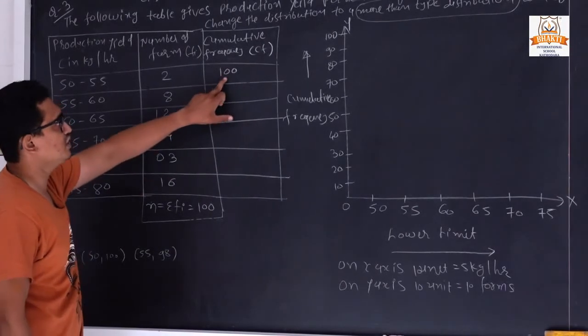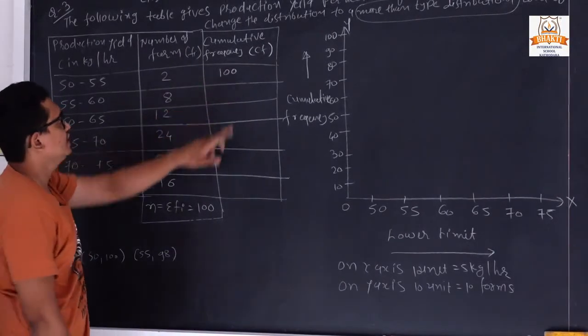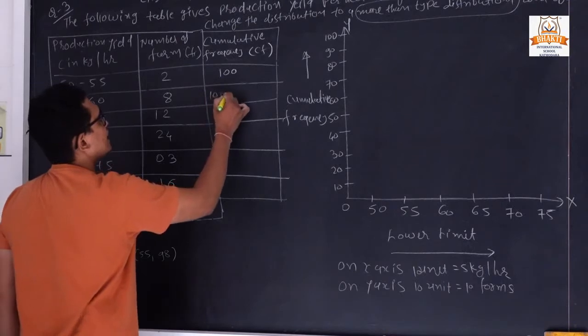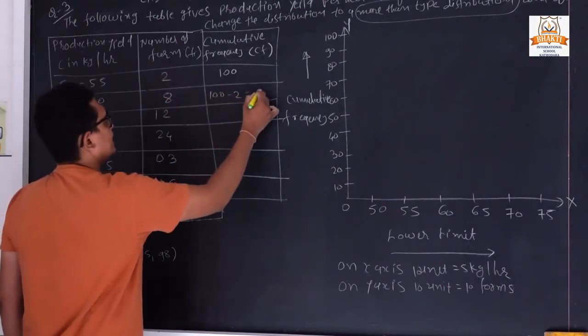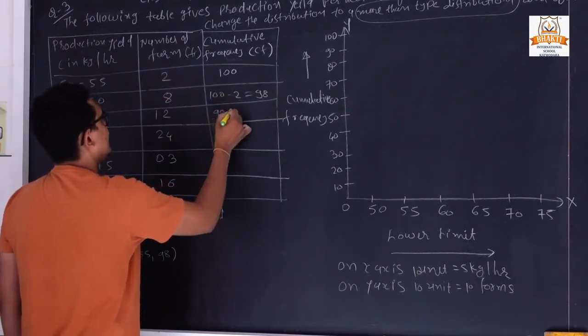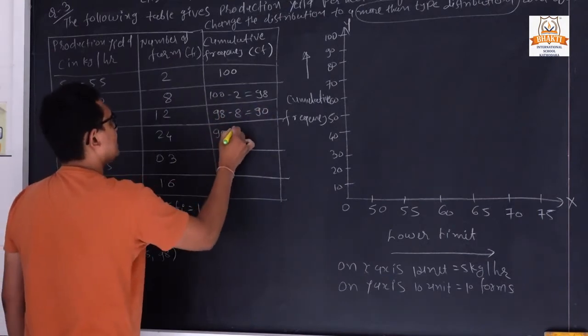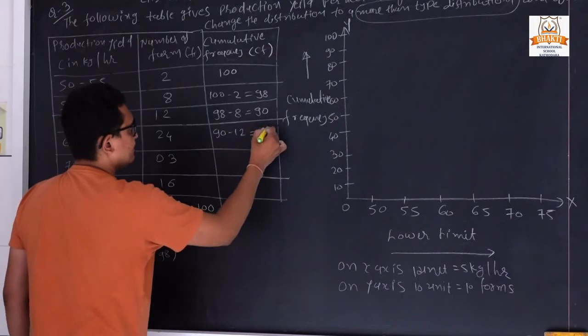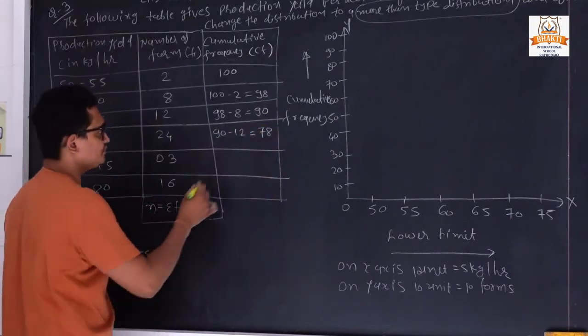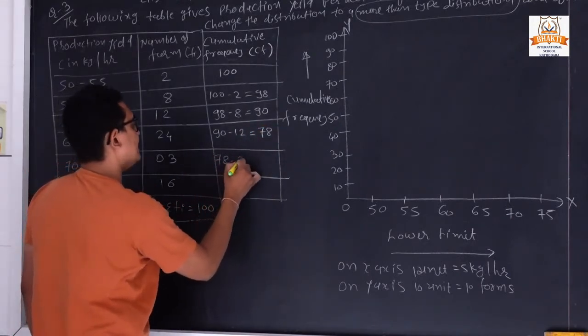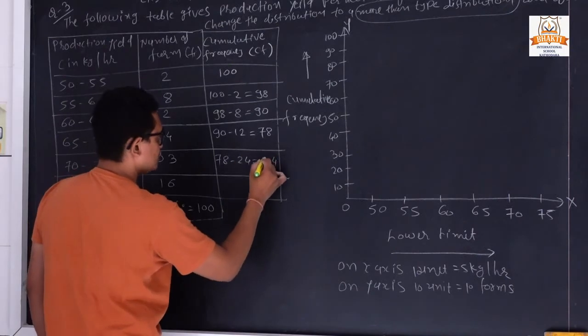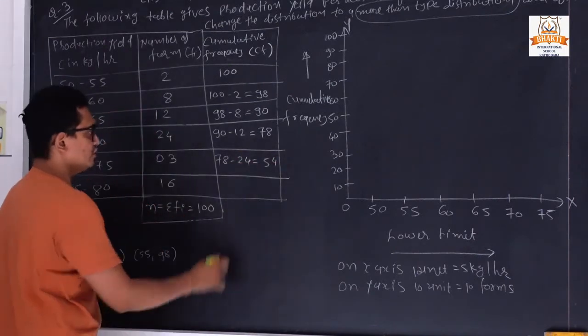So here the total number of farms is 100. First of all we put 100. Then 100 minus 2, so 98. Then 98 minus 8, so 90. Then 90 minus 12, so it is 78. Then 78 minus 24, so it will be 54.